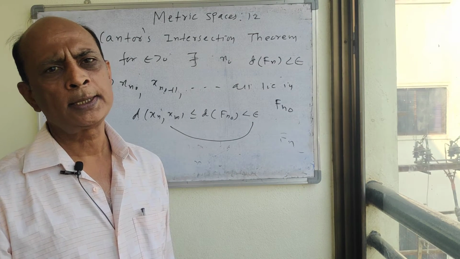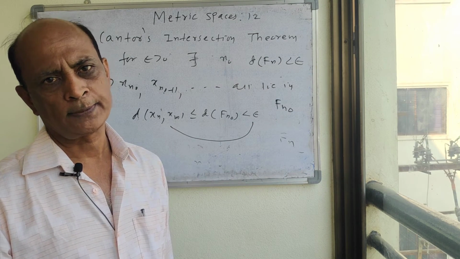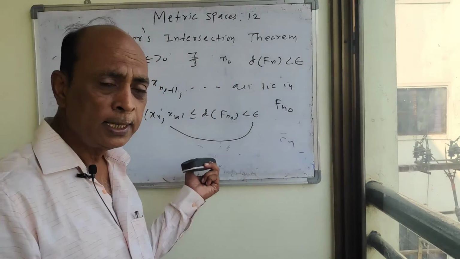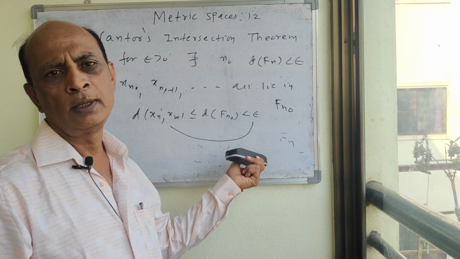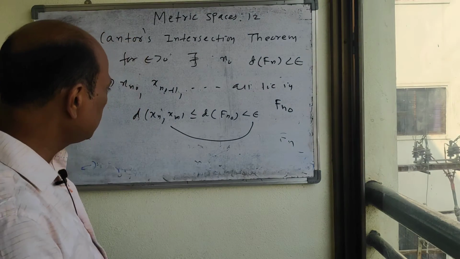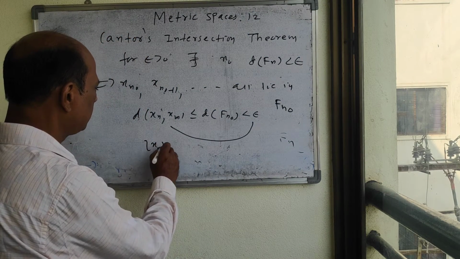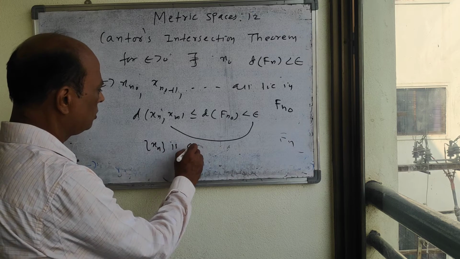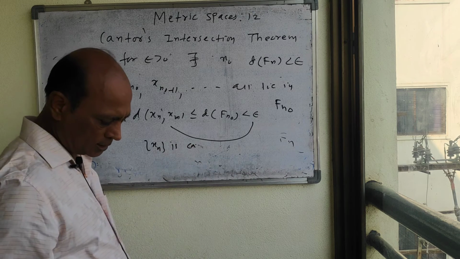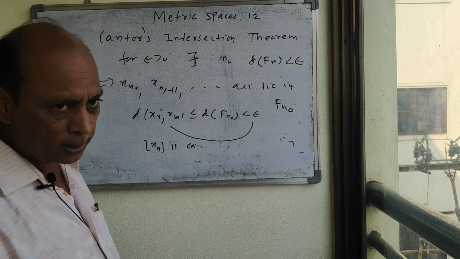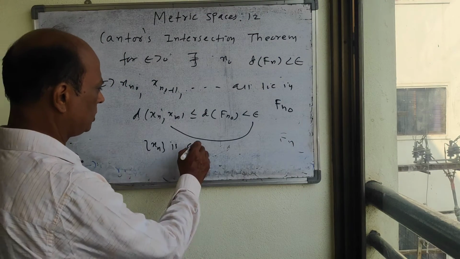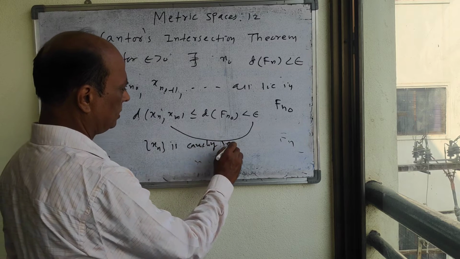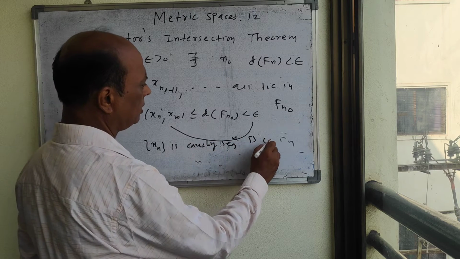And what is capital X? It is a complete metric space, and here the sequence xn is a Cauchy sequence in that X. And as it is given that X is a complete metric space, this Cauchy sequence is convergent.